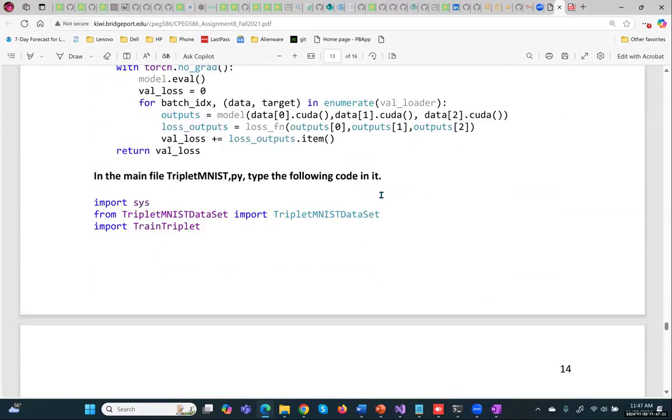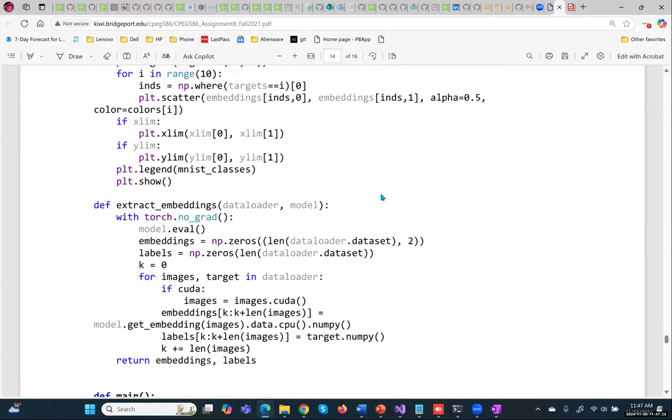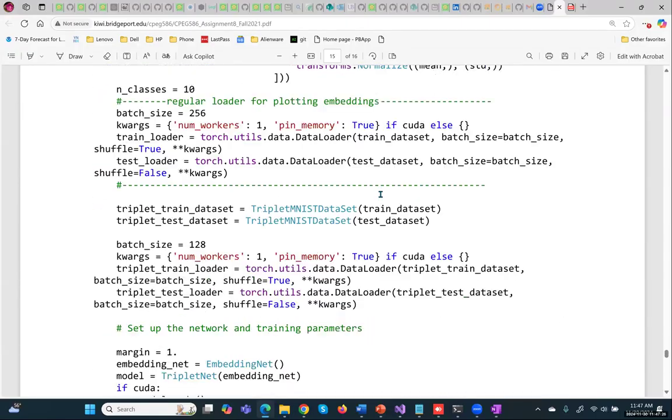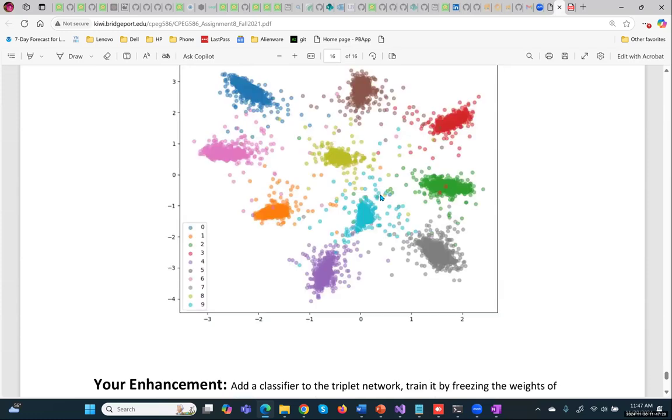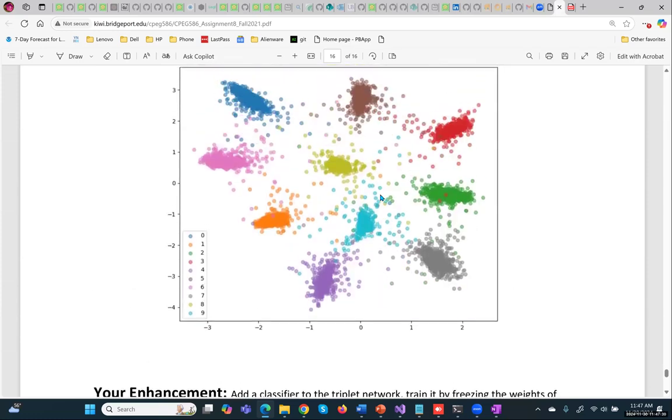Okay, so in assignment 8, as you apply the Siamese or triplet networks to the MNIST digits, in the latent space, each digit is being represented as a point.